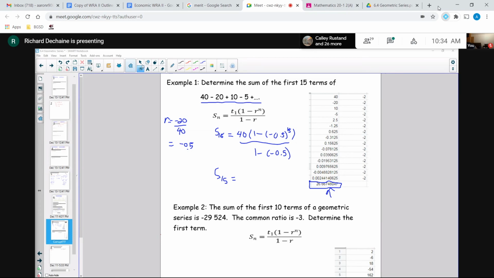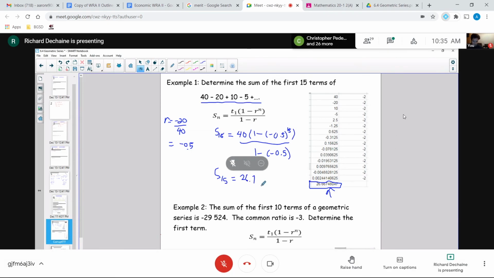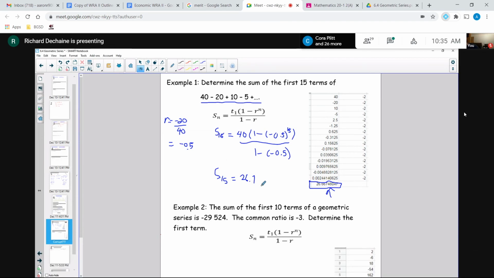So when I do the math, I get the exact, well, I'm going to round it to the tenths, 26.7. Anybody need help with the calculator in getting that answer? No? Okay, let's go to example 2.